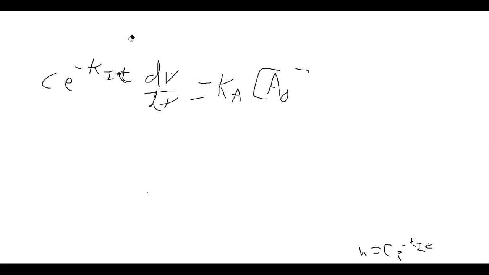Now, plugging that back in, if v is still 0, that knocks it down to what? Just u dv dt. So u, c e to the negative ki t, dv dt equals ka a sub 0 e to the negative ka t.